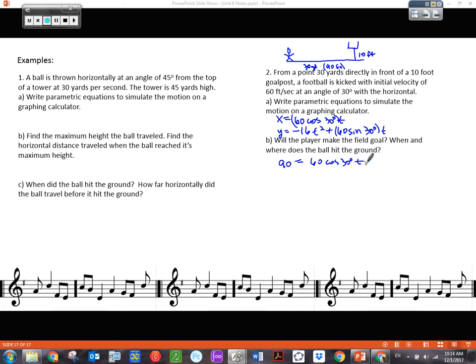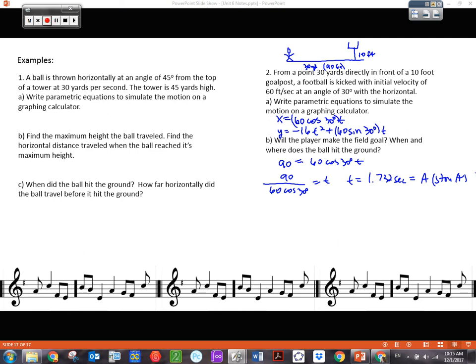I would use my calculator. I would solve for t, and I would just enter that into my calculator. 90 divided by 60 cosine 30 degrees. And so what that's going to give me is 1.732 seconds. And I'm going to store it as A. Okay, so now I know when the ball's at 90 feet horizontally.